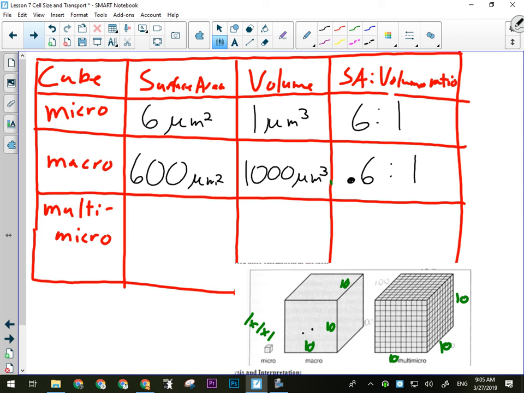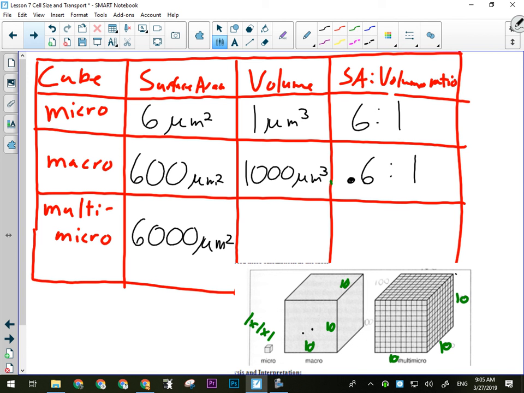So the surface area of this is actually 6,000, because every single one of those little micros has a surface area of 6, and there's 1,000 of them in that cube, because it's 10 cubes by 10 cubes by 10 cubes.